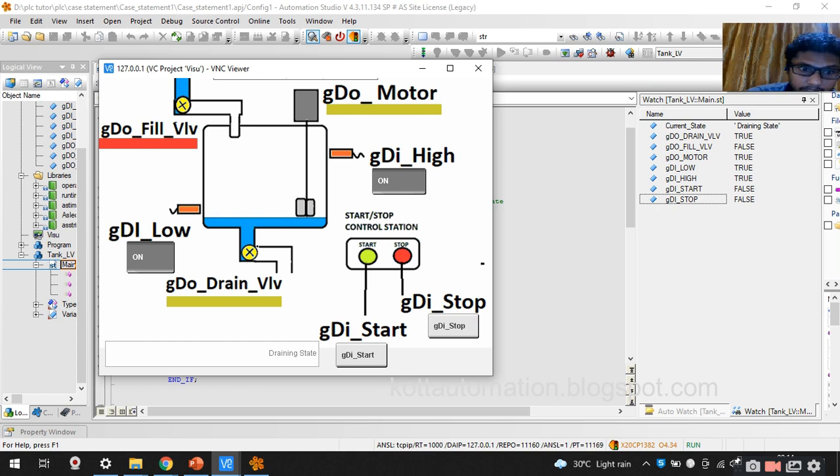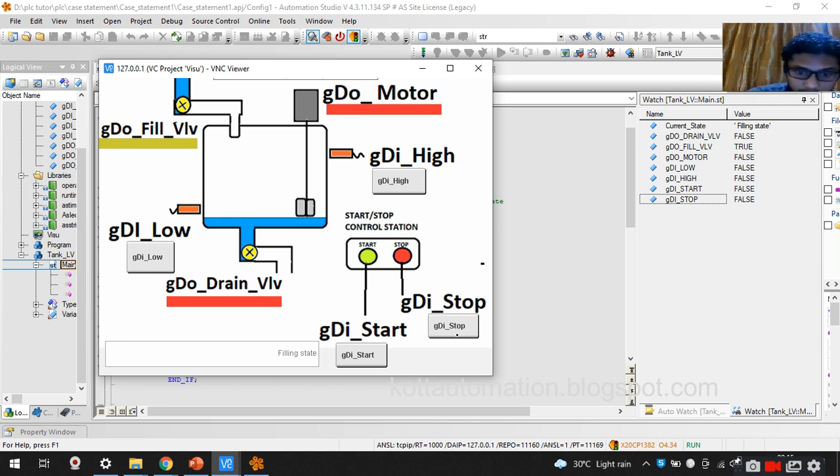And now this draining would be on till my lower sensor gets off, means now water is draining, my high level sensor has become off. Now slowly as the water comes below the low level sensor, my low level sensor will also become off. As soon as my lower sensor becomes off, again my filling valve is being opened. So in this manner, the filling and draining cycle is working.